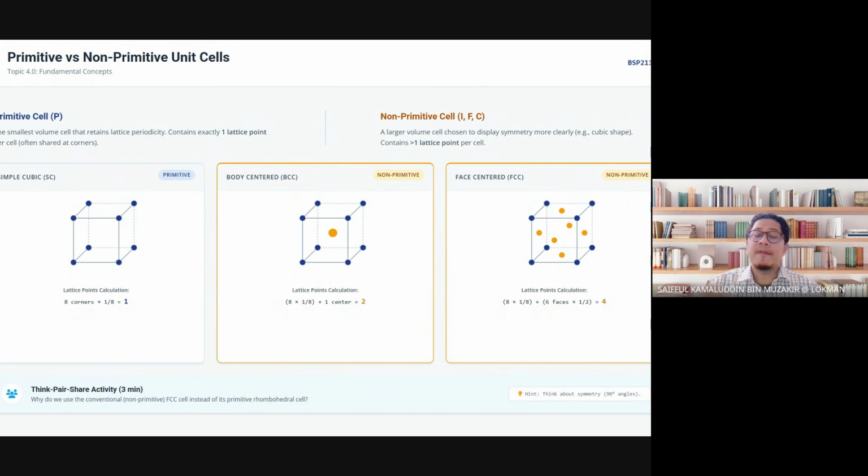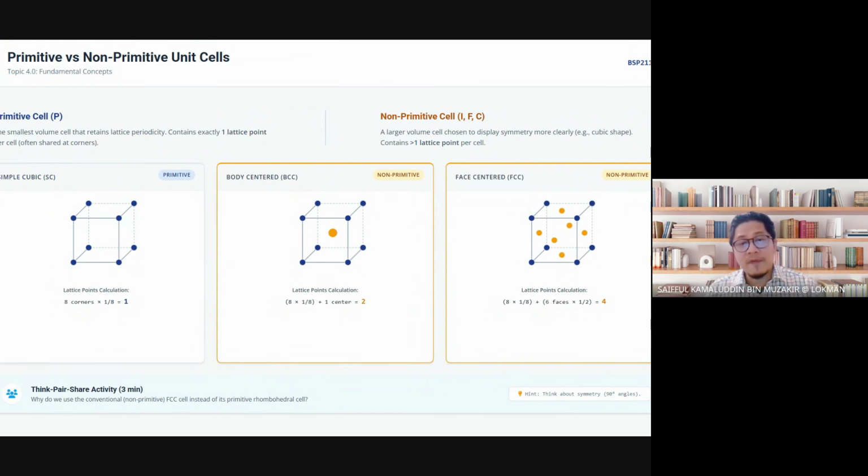Plus, we have 1 specific atom inside the cube itself. And inside the cube itself, we have 1 atom, and adding them together, we get 2 atoms in a body-centered cubic. Now, how about in face-centered cubic?